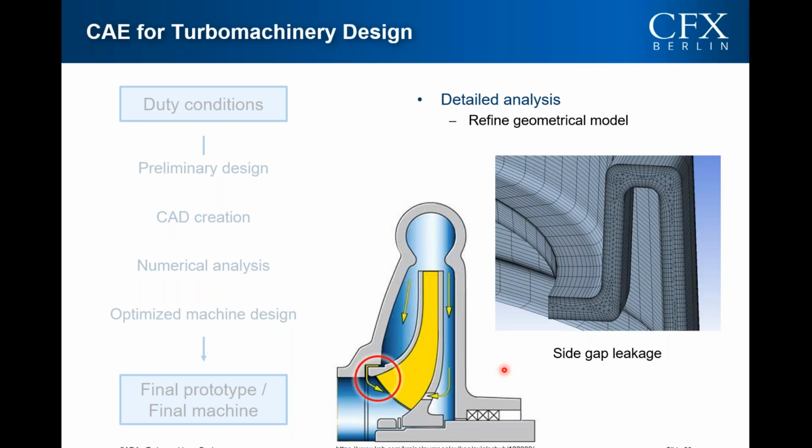Second, they also have gap leakage on the shroud side. And this can be included by adding the leakage path to the model. The picture shows a swept mesh generated in ANSYS meshing, which has a good resolution of the gap flow while keeping element count low, because we just have this extruded or swept mesh in circumferential direction.